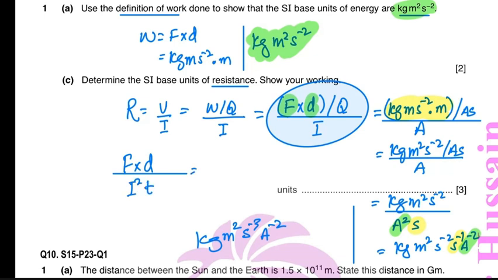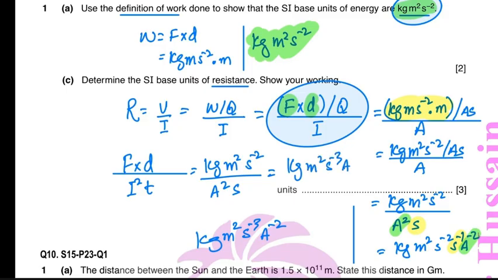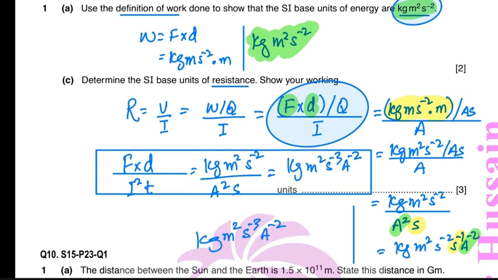And work done, we already proved it. So it is kg m s^-2 into m over ampere squared and s. So it simplifies again to kg m^2 s^-3 A^-2. It's the same thing in one line here.